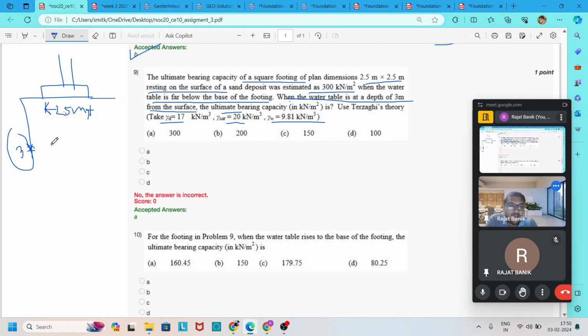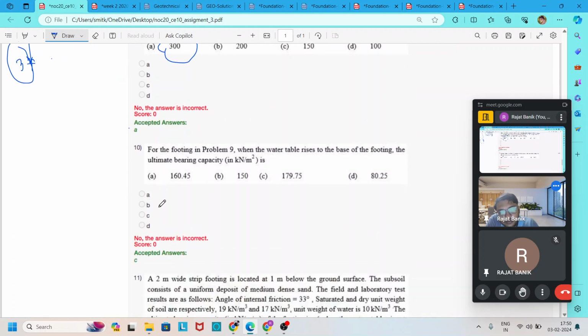So there is no water table effect on the ultimate bearing capacity. The same bearing capacity which applies when the water table is at a greater depth applies here also. So our correct option is option A, which is 300 kilonewton per meter square.